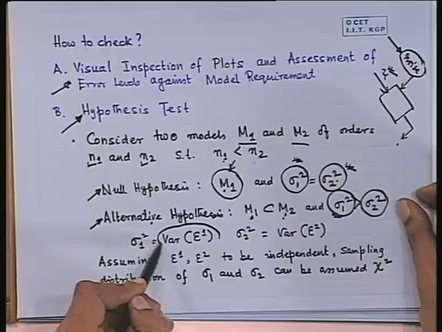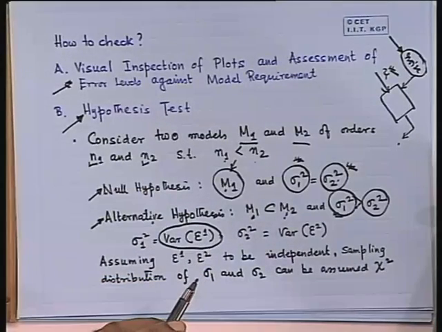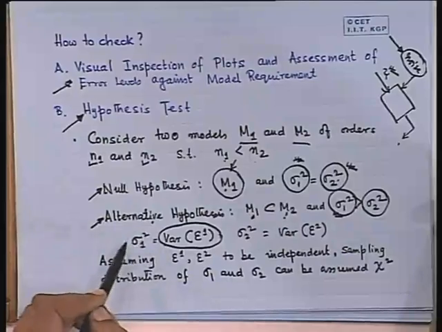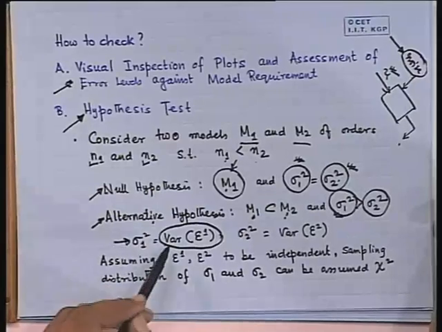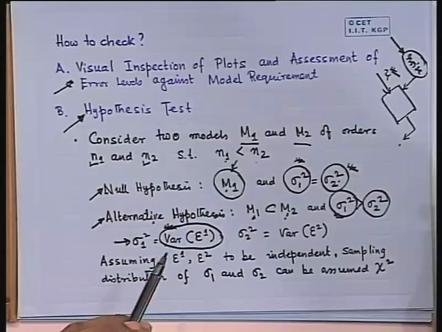Here what we are trying to say is that if I compute a variance, what am I doing? I am taking squares of individual prediction errors and then summing. How do you compute variance? Right? So it is not unreasonable to assume that the distribution of the variance is going to be chi-square.